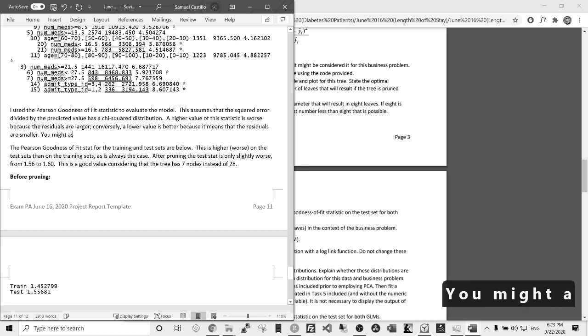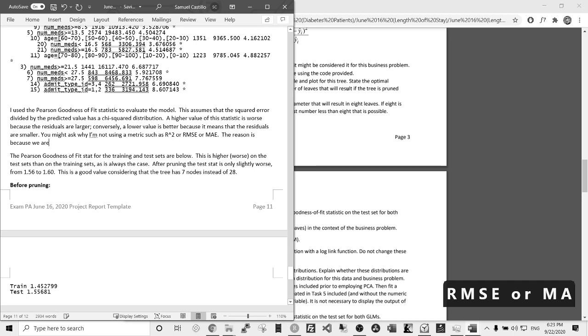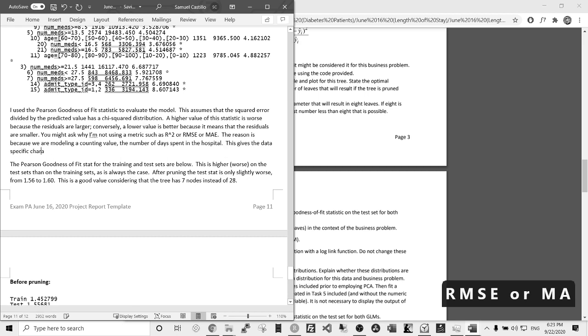You might ask why I'm not using a metric such as R squared or root mean squared error or MAE. The reason is because we are modeling a counting value, the number of days spent in the hospital. This gives the data specific characteristics, such as specific properties.